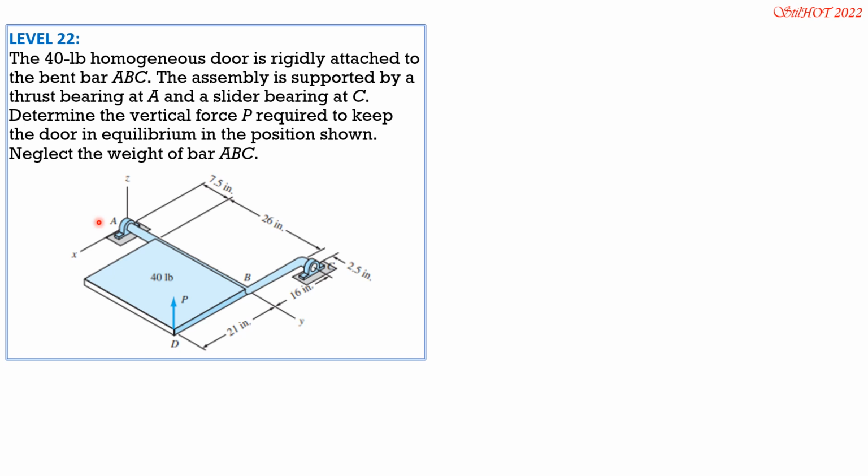So let's put the reaction components and the weight of the homogeneous door. So we have AX, AY, and AZ at A. We only have CX and CZ at C because it is a slider bearing at C. So let's have the weight, 40 pounds.